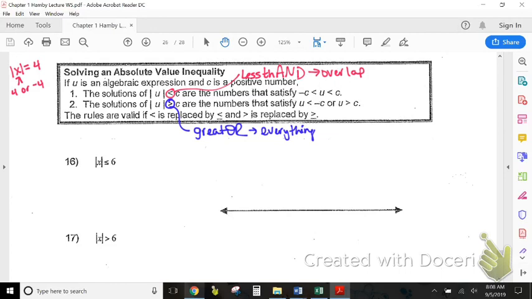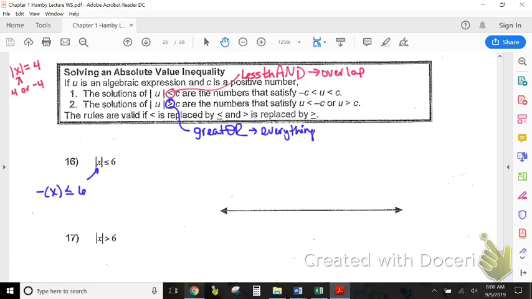And so if you can remember that it's an and statement, you can just take the absolute value and set it with inequalities with negative c on the left and positive c on the right. You're welcome to. But I do these just like I solve the regular absolute value equations. So we know what's inside can be a negative x, and I set it less than or equal to 6.